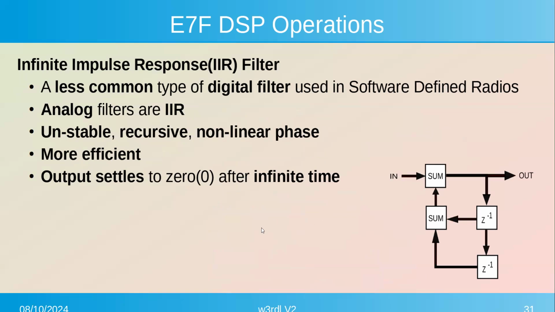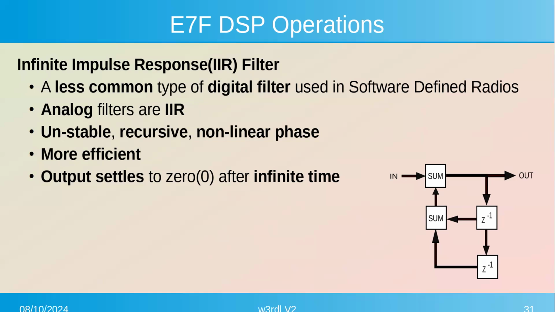If you've got an infinite impulse, this is a very simple block diagram of one where it's a recursive filter. So you're taking the output and feeding it back in, multiple output samples. And in some cases, it's kind of a combination of recursive on the input and the output summed together, and really gets complicated.